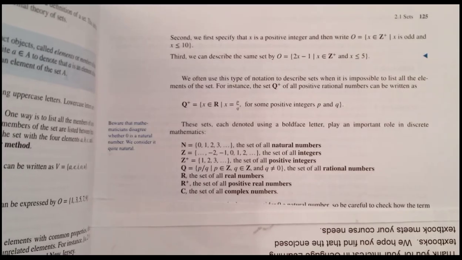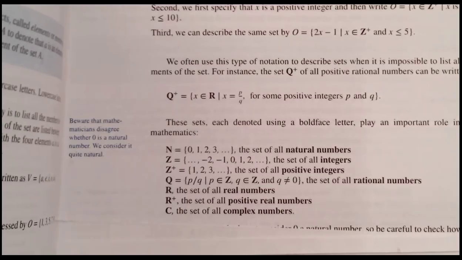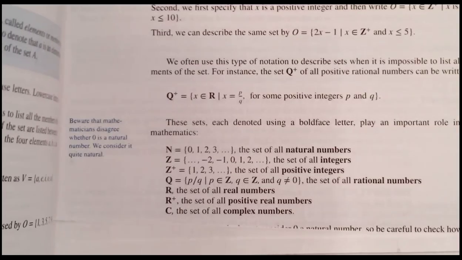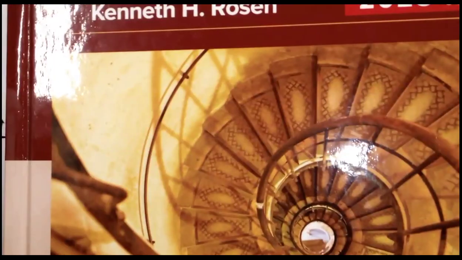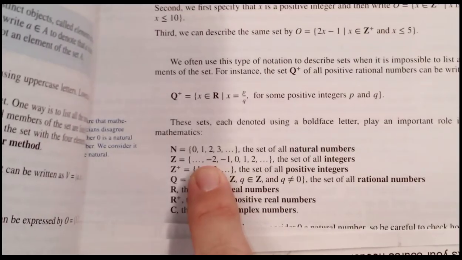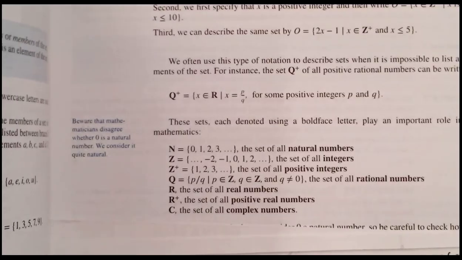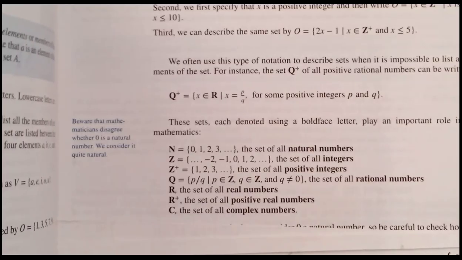That very first set is the set of natural numbers. I want you to start counting. If I tell you to start counting, what do you start with? This book starts with 0. Some definitions of the natural numbers don't include 0. Some do. Our textbook does.